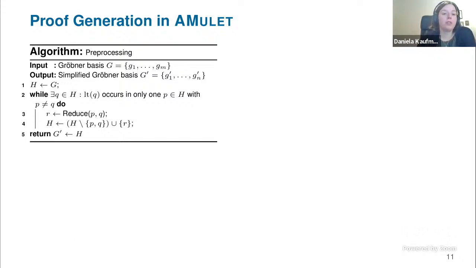In the pre-processing step, as said, we have the given Gröbner basis. We want to derive a simplified Gröbner basis by always taking two polynomials from the Gröbner basis, then doing this reduction step. The remainder will then be added to the Gröbner basis, and both previous elements from the Gröbner basis will be thrown out. So that's the reduction step we do in the pre-processing.